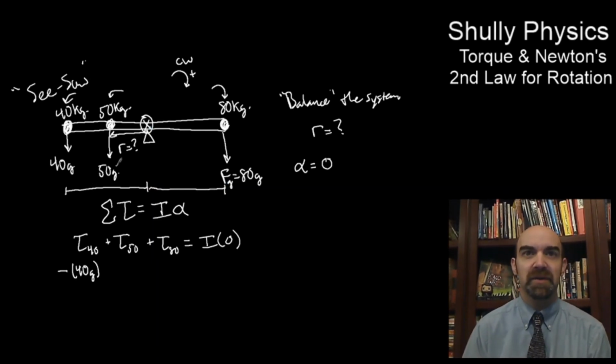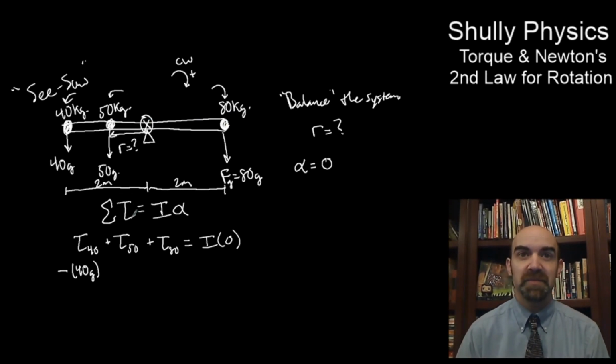So from the balancing point to the end there is 2 meters, and out here is another 2 meters. What we don't know is the R value, okay? So the torque arm from the rotation axis out to where the 40 kilogram child is would be a 2 meter torque arm.